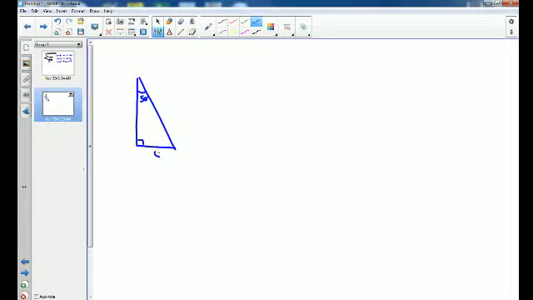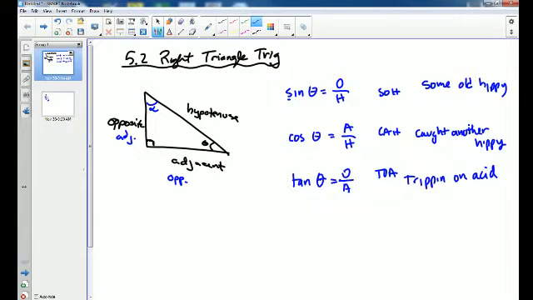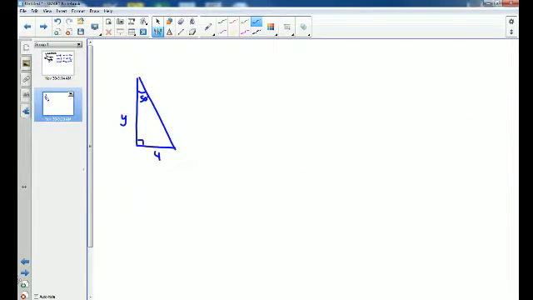So what you have is 3 pieces of information: an angle and 2 side lengths. You need 2 of them to solve. If I have 2 of them, I can solve for the third.